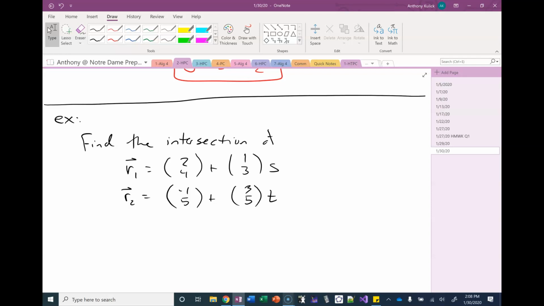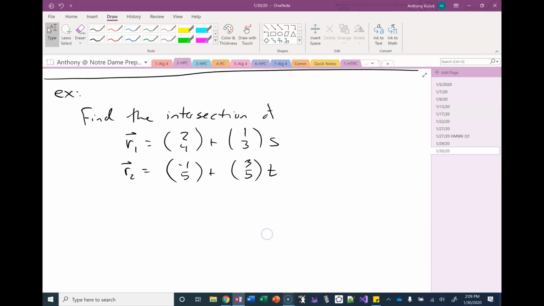Everybody's okay with that plan? Okay, so that's the kind of answer we're looking for. Either a single point, a case where we get infinitely many points, or a case where we get no solution because the two lines don't ever intersect at all and they're parallel. So here is the idea and what we're going to do.